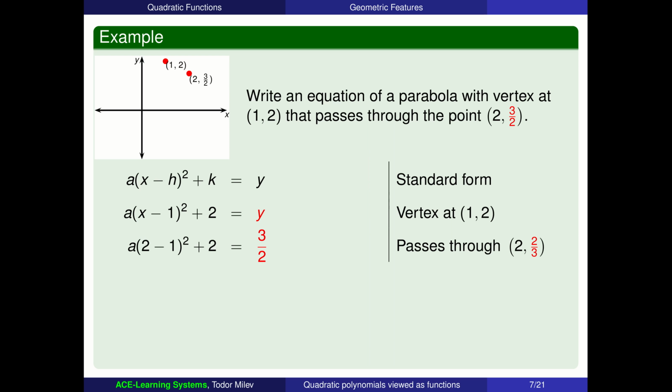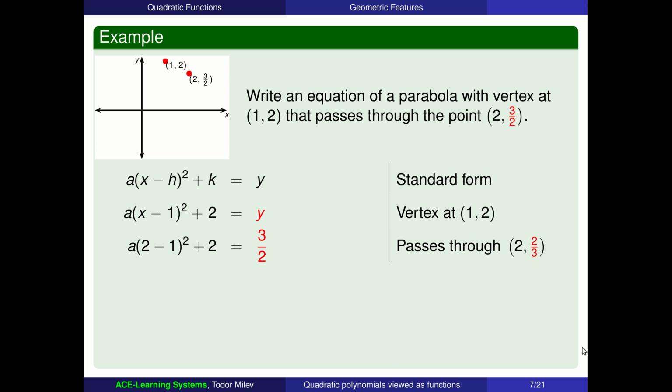So I need to have that a times 2 minus 1 squared plus 2 must be equal to 3/2. Once again, the numbers that you see here, 2 and 3/2, those were the x and y coordinates of the second point through which our parabola passes.